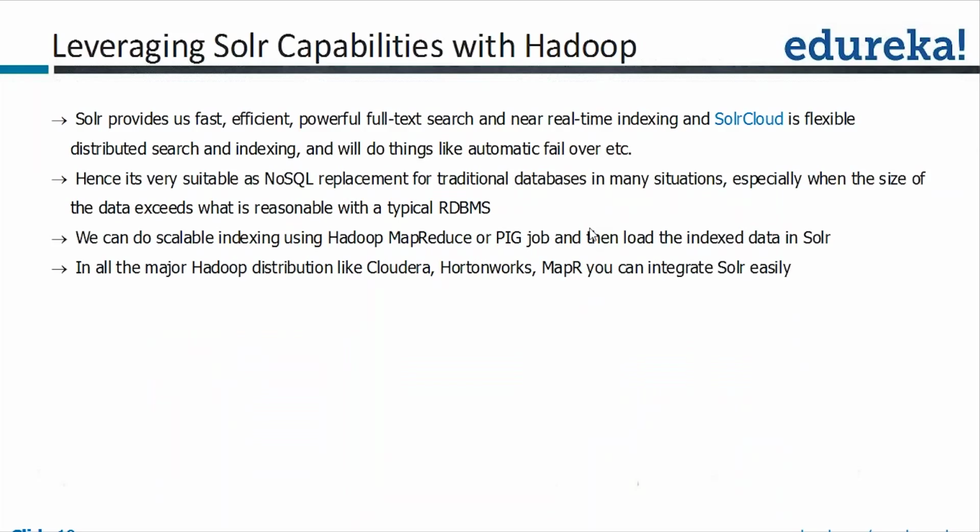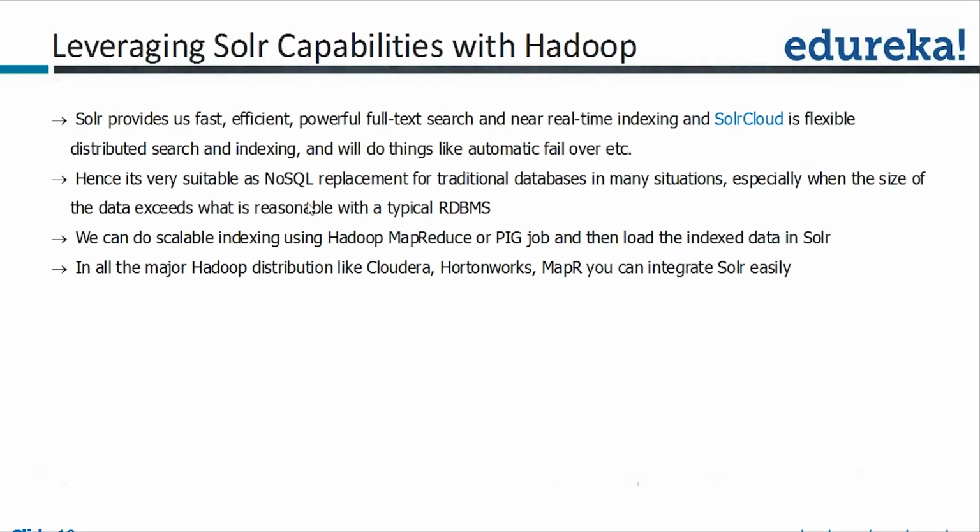If you have a huge chunk of data in your application, you would want to optimize the storage by using MapReduce or a Pig job. If you have a lot of data in your server and you also want faster searching, because Solr gives you fast, efficient and powerful text searching capability, what you can do is let the data come in and create the indexes.